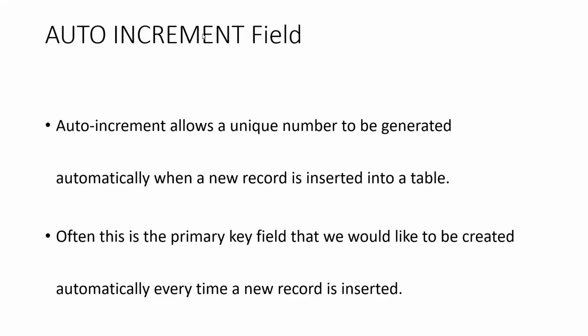If you insert a new record, then it will add. Suppose you inserted a first record as one, then you insert a second record. It will automatically increment as two. Then you insert your next record, it will automatically increment as three. So like this, it will automatically increment for a particular field. I will show it. You just note down these things. After we see the syntax, I will do it in practical.